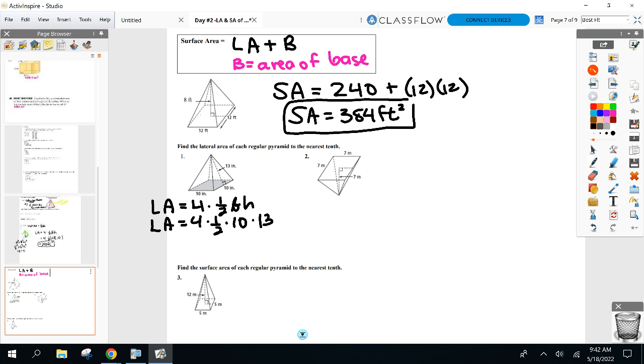Okay, I don't need to use Pythag here because I'm looking for the height on the triangle, which they give me is 13. All right, go ahead. Crunch away. 260 square inches.